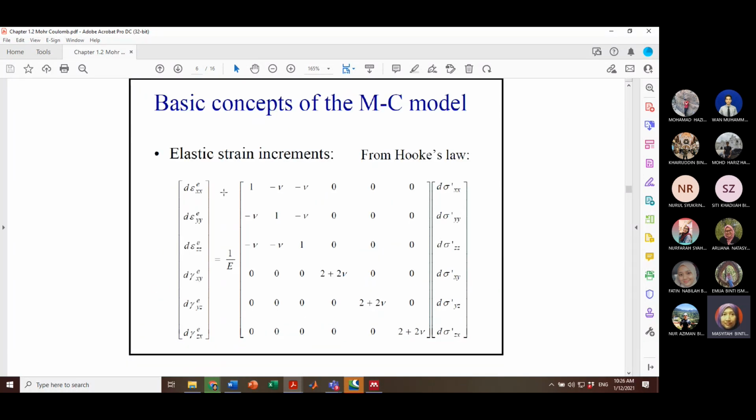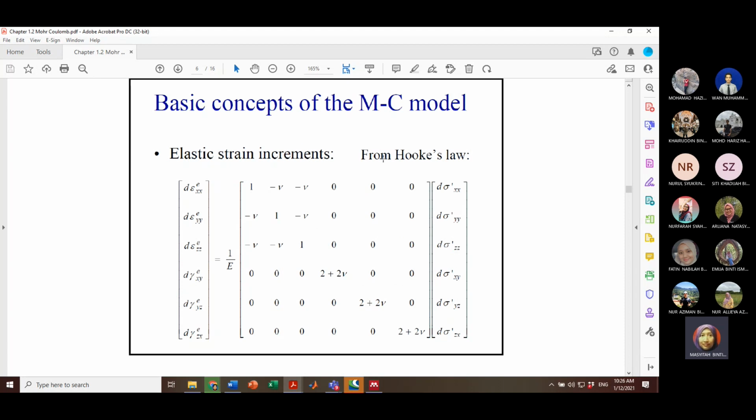So this is what I explained, the relations or the basic concept of the Mohr-Coulomb. It has Hooke's law, which relates the elastic strain increments and the stress increment.